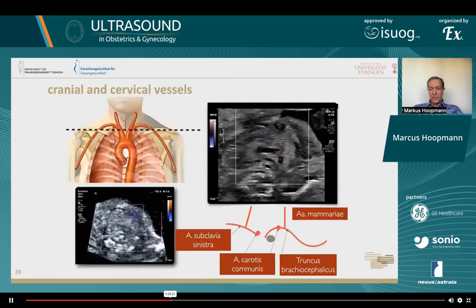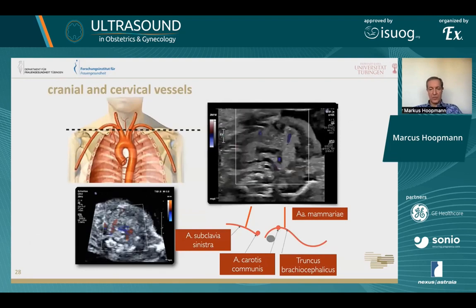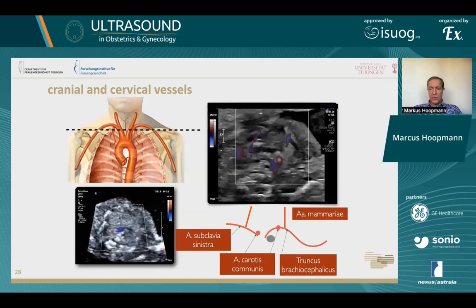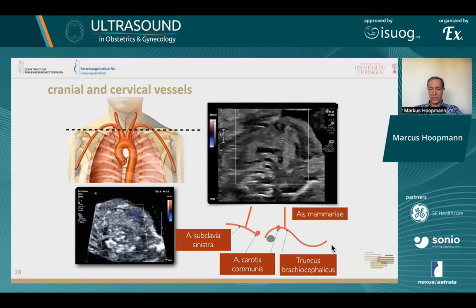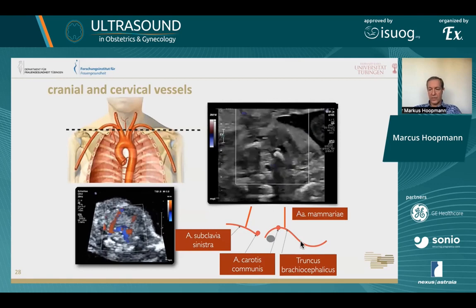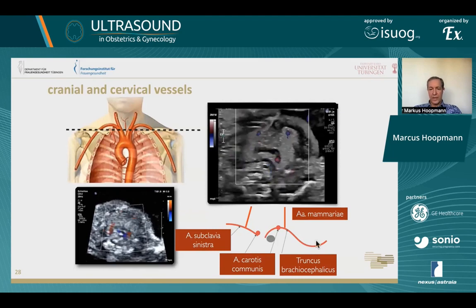And I know that Ravi Shawi is here, and not only for this reason, we have to talk about the ASA, the aberrant right subclavian artery. And here you see normal findings. Normally on the right side, you have the truncus brachiocephalicus, and you see this curved course of these cranial and cervical vessels in front of the trachea.